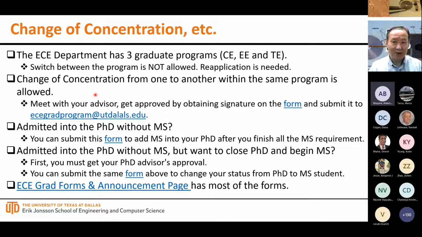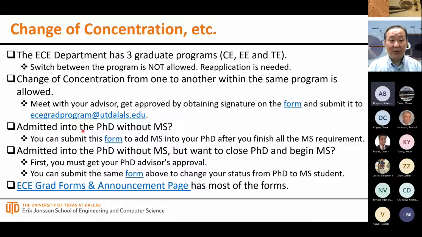That is allowed because it is within the program. To do that, you need to meet your advisor and get approved by obtaining a signature on the form right here. You can click this form and then submit it to our office. Then it will be taken care of.